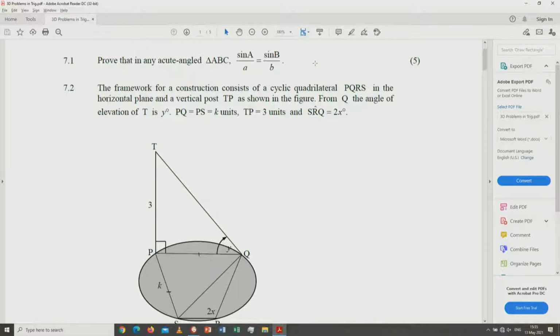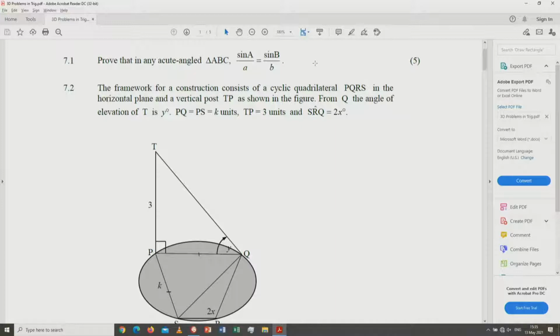If you were required to prove the cosine rule or the sine rule, it's bookwork. That's why I encourage grade 12 learners to take any CAPS-compliant textbook. You'll come across those proofs. Because of time, I won't be able to dwell on the proofs, but you must know them.